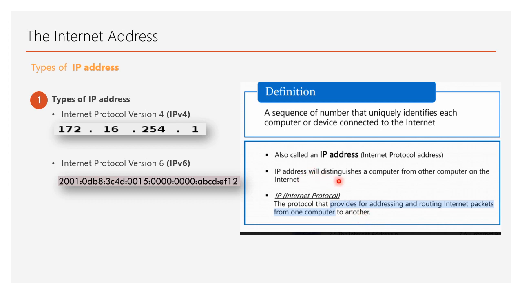An IP address will distinguish a computer from other computers on the internet so that your intended devices can be reached on the network. Both IPv4 and IPv6 have their own structure.